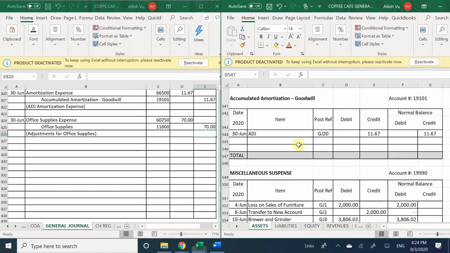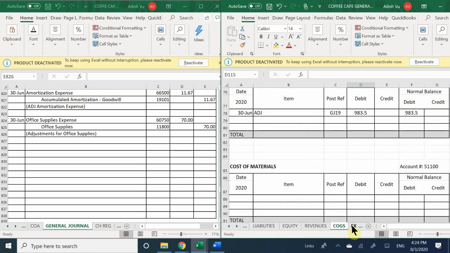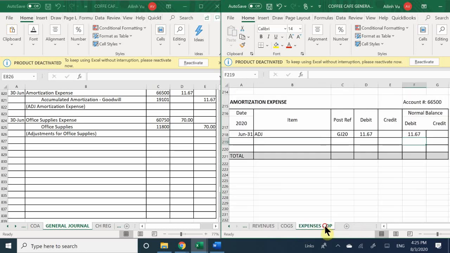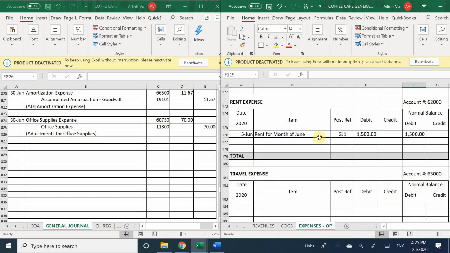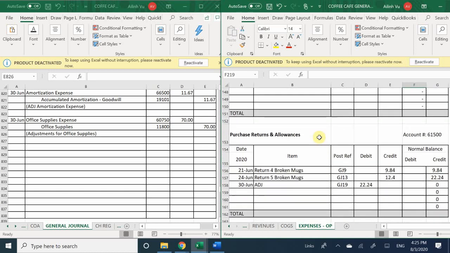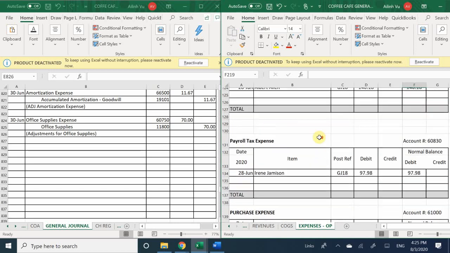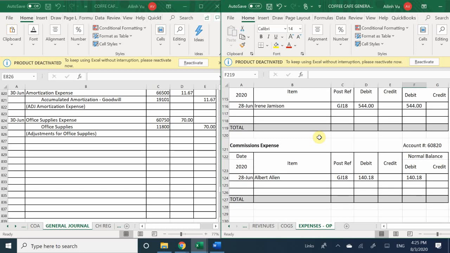So, yes. So we're going to go to office supplies expense, which is an operating expense. So it's definitely above rent expense. It's definitely above purchase and payroll.